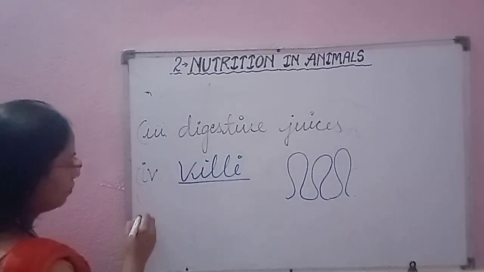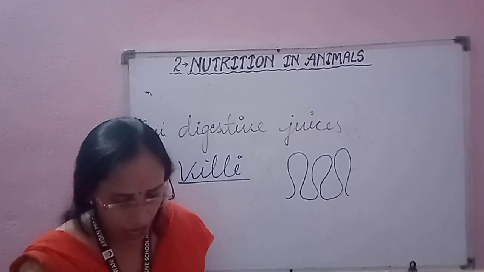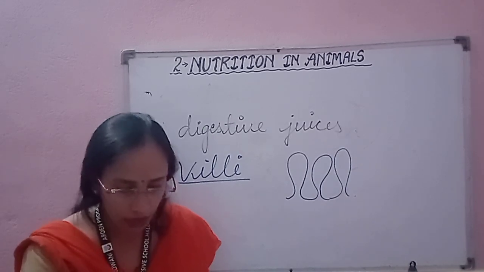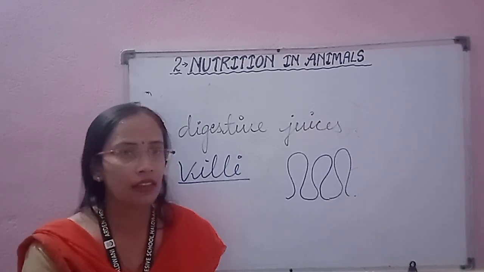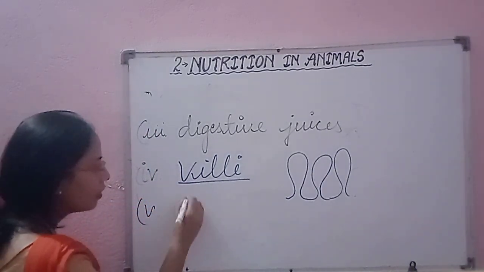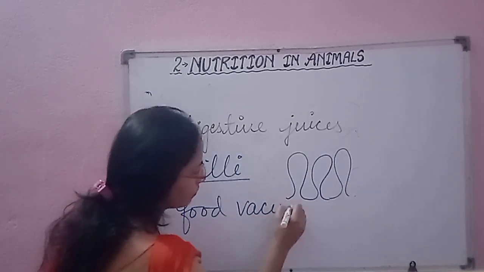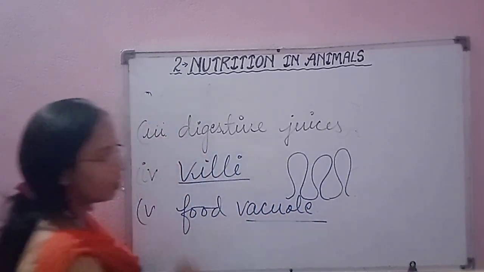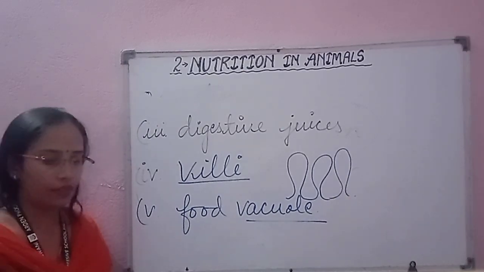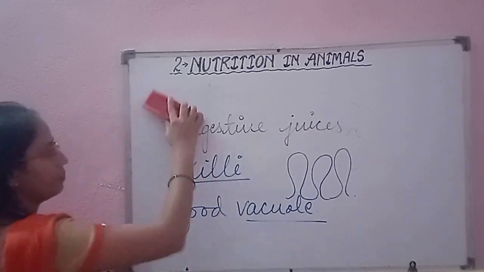Fifth one is: amoeba digests its food in the dash. Where does amoeba digest its food? In the food vacuole. Now this is the fifth one. Now this is all about the fill-ups.